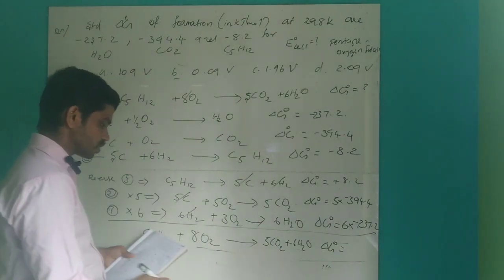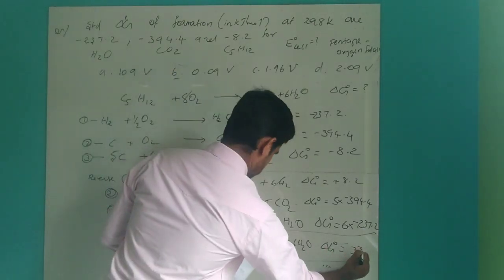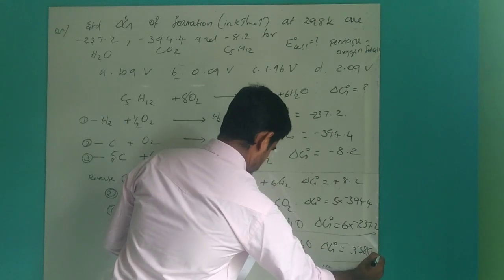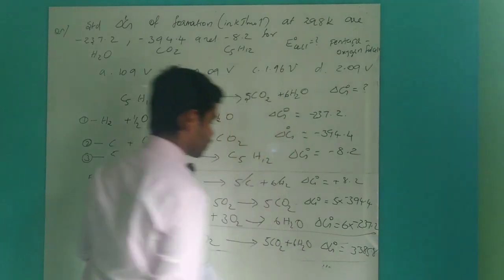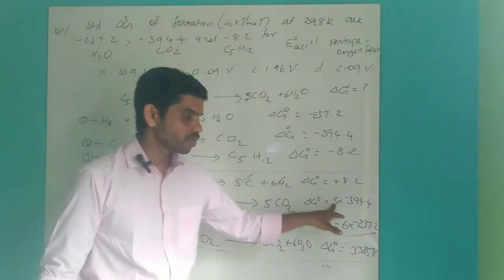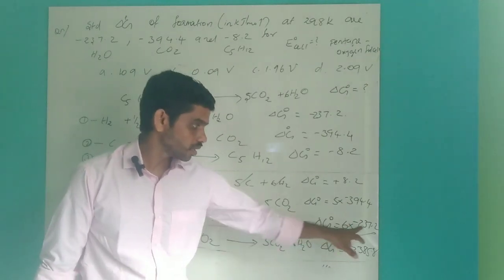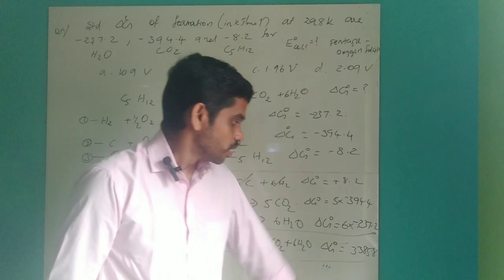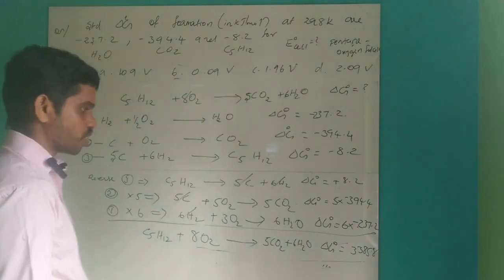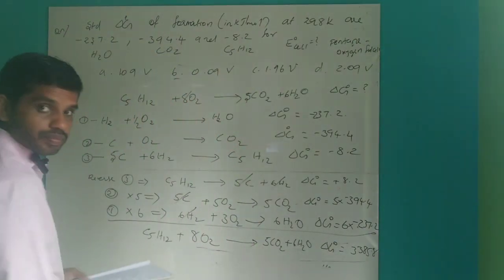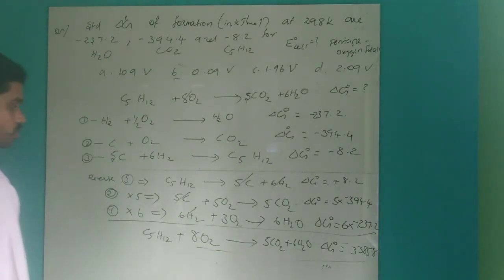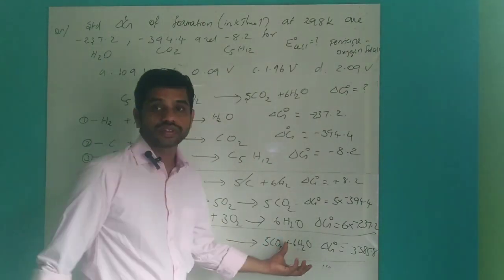If you multiply this equation by 5 and this equation by 6, then add all these values, you will get 3385.8. Right. So for this reaction, delta G0 we know.